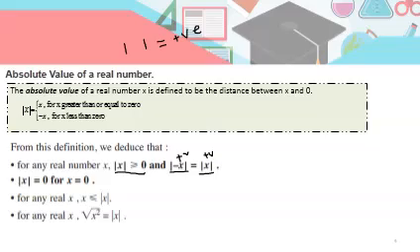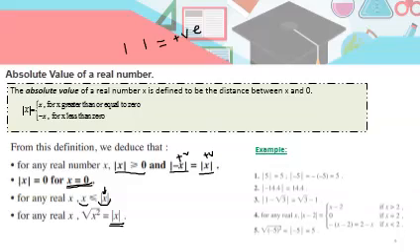And the absolute value of x equals 0 only when x itself is 0. And of course, x is always less than or equal to its absolute value, because sometimes x could be a negative number. So inside the absolute value it might be a negative number, but its absolute value is always positive. And radical x squared is equal exactly to the absolute value of x.